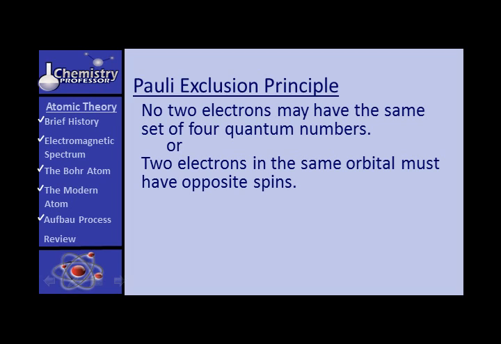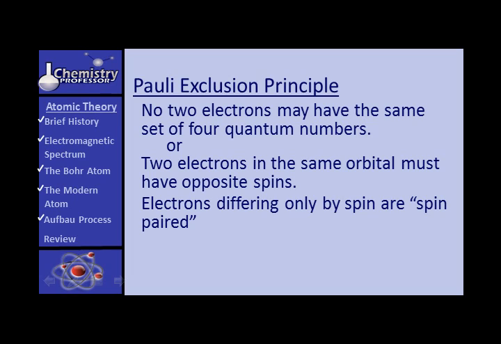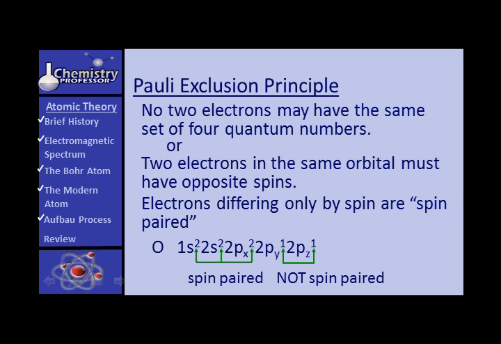And remember, electrons differing only by spin are said to be spin paired. So if we look at the electron configuration of oxygen, we will see that these electrons are spin paired, and these 2 electrons are not spin paired. Now, I know we've mentioned spin pairing before, but we need to reinforce it.